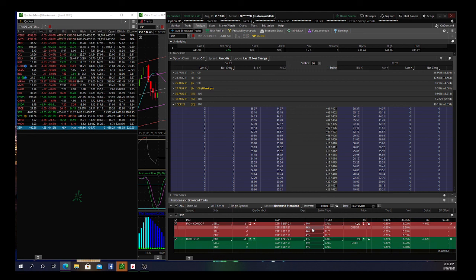The 440 to the 445 is 5. The 435 to 440 is 5. That's our max loss. But we collected $4.51. So the only risk on the trade is if it were to close above the 445 or 435, it will be a $5 value, and you collected $4.51, so you have 49 cents at risk. Do you guys understand that?